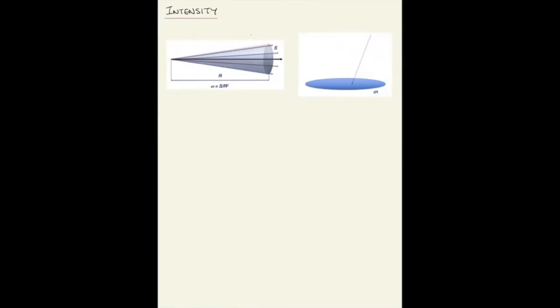If we consider an infinitesimal beam, we can write the proportionality that the energy is going to be proportional to the area, to the time, and to the solid angle. Notice that in this equation here, dA is the area of the detector and the omega is the solid angle of the beam. They're both vectors pointing to their respective normals n and n prime.